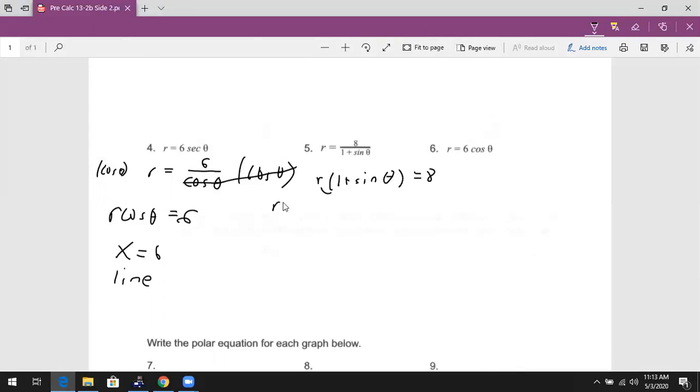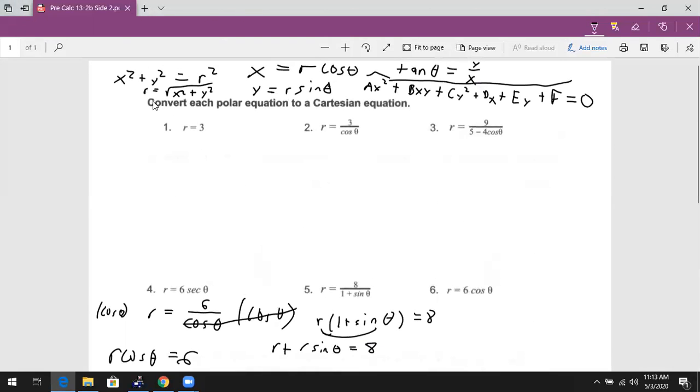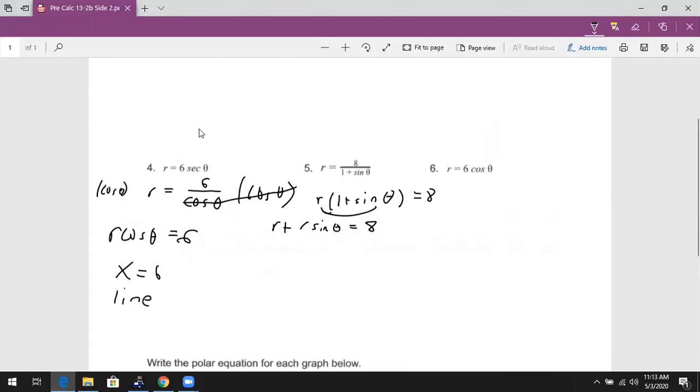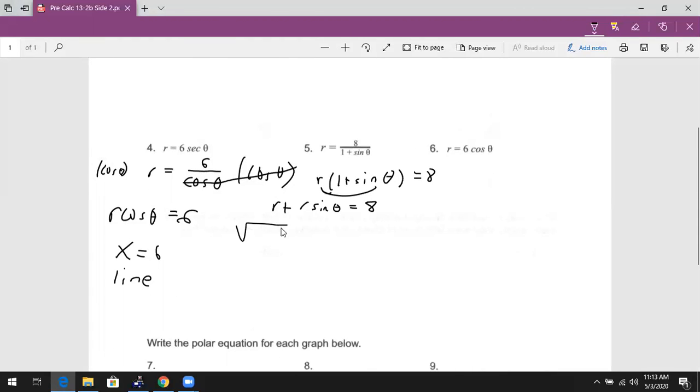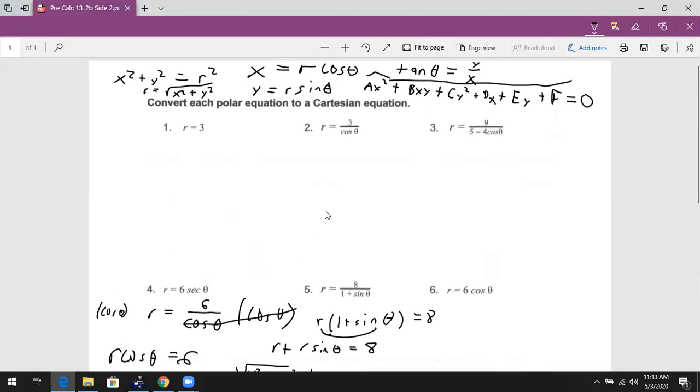Or distribute, r plus r sine theta is 8. Make your substitutions. r is the square root of x squared plus y squared. But this time, r sine theta is y.